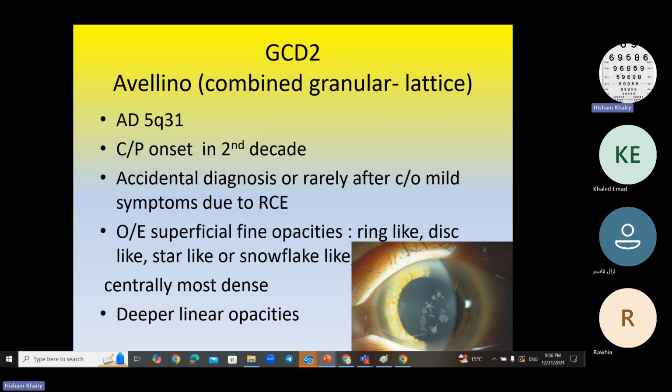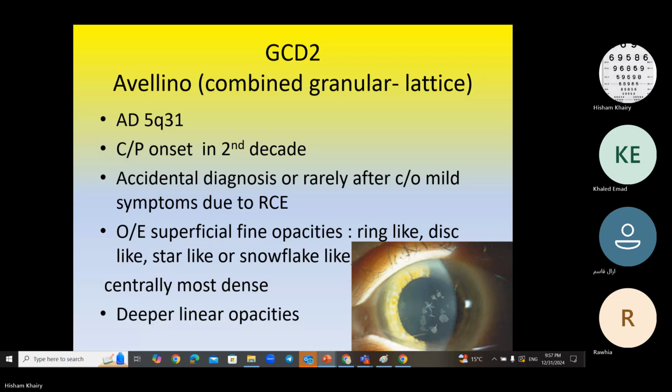Mild symptoms with recurrent corneal erosions. On examination, there are superficial fine opacities, ring-like, disc-like, star-like, snowflake-like, Christmas tree-like. They are most dense centrally, and with the combined granular lattice, there are deeper linear opacities.